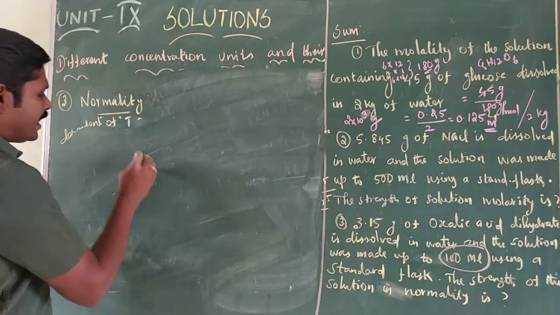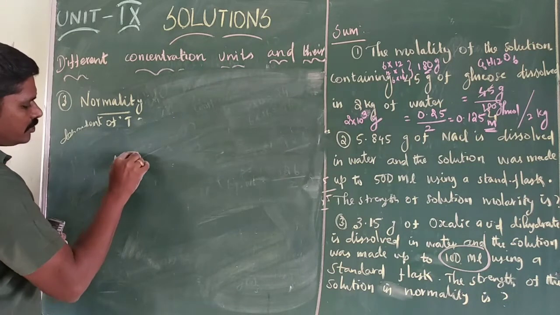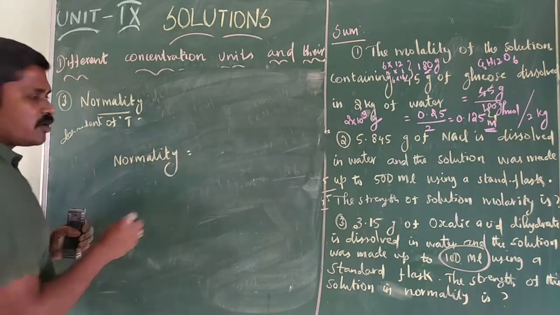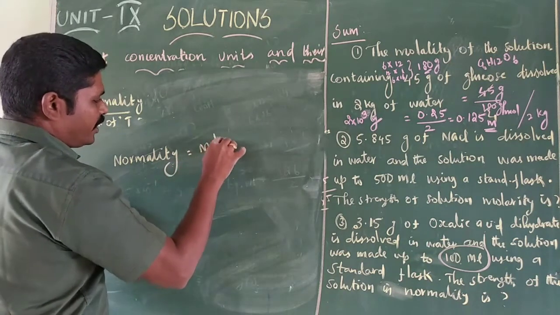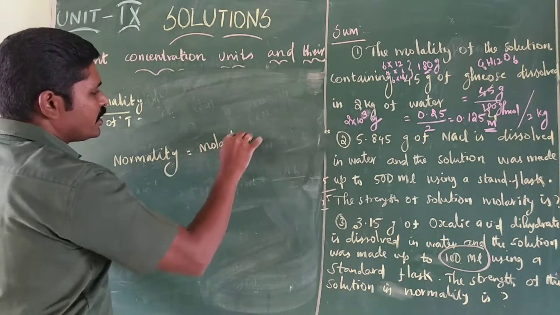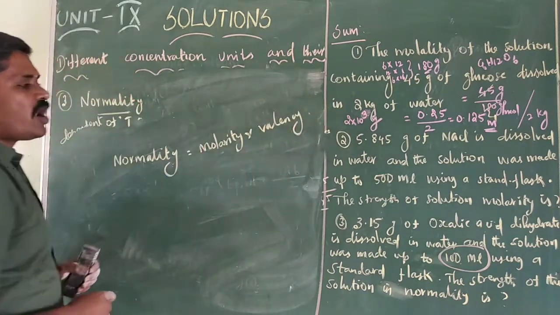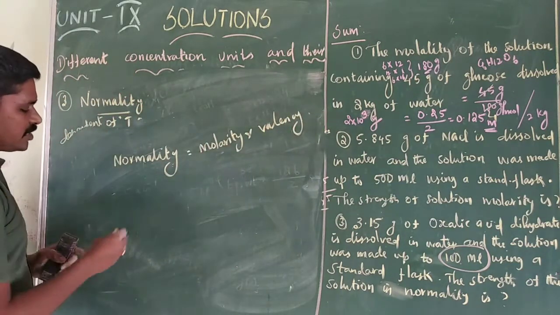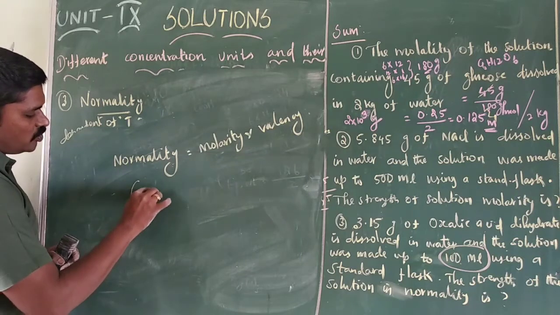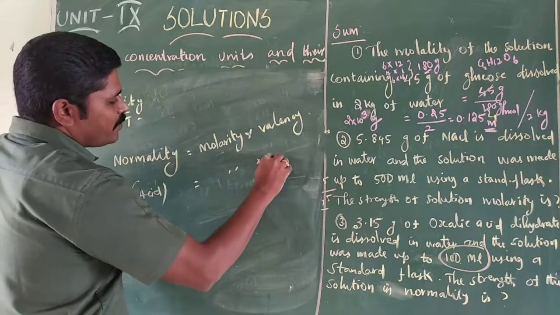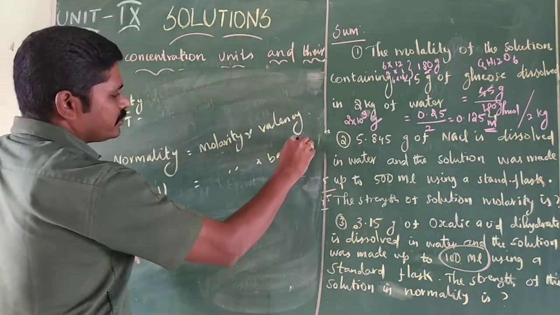Okay, so normality is equal to molarity into valency. Suppose the solution is an acidic solution, acid, the molarity into basicity.